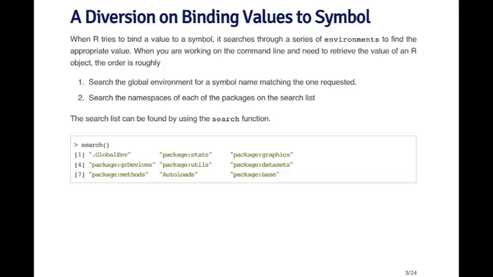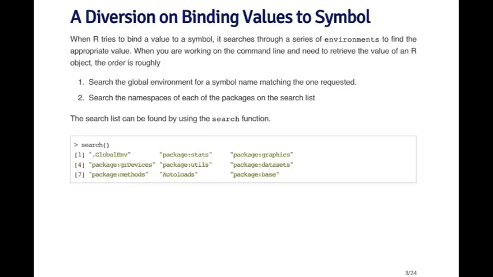If there's no match in the global environment, then R will search the namespaces of each of the packages on the search list. The search list consists of all the R packages that are currently loaded into R, and there's an order to it. It starts at the first element, which is the global environment. That's always number 1 on the search list.